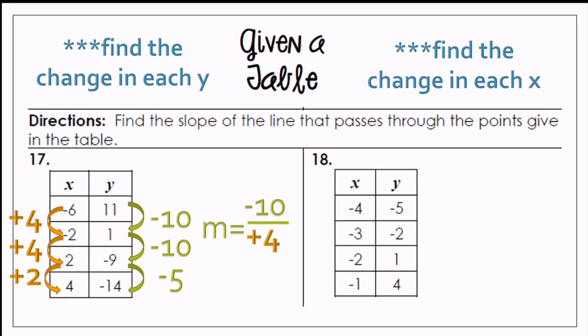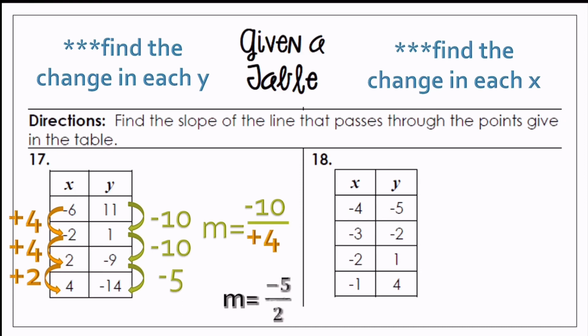Well, if I went with my first set of ordered pairs, -6, 11, and -2, 1, and I made my slope, right, -10/4, that simplifies to -5/2. Well, look at your bottom ordered pairs. Wasn't that -5/2? That's my point. It doesn't matter which 2 ordered pairs you pick. At the end of the day, as long as you simplify, okay, then you have your slope.